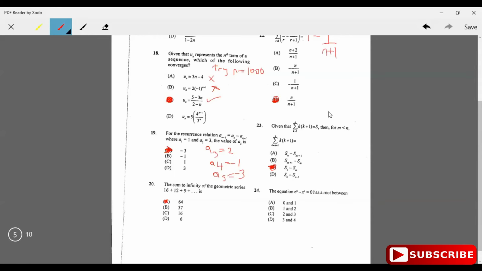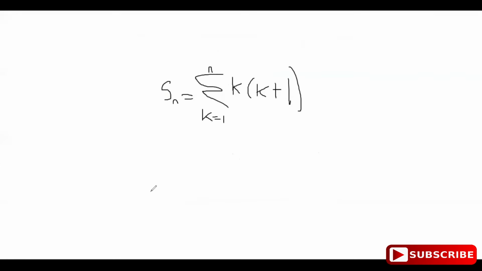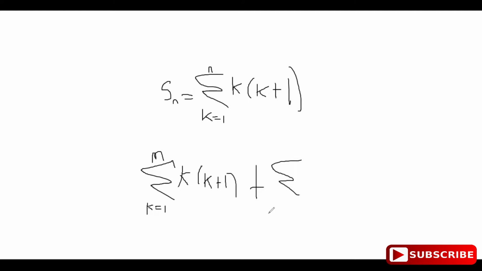So if m is less than n, look what I'm going to show you. Therefore I can write this S_n as the sum from k equals 1 to m of k times k plus 1, plus the sum from k equals m plus 1 to n of k times k plus 1, that's equal to S_n. You agree with this?